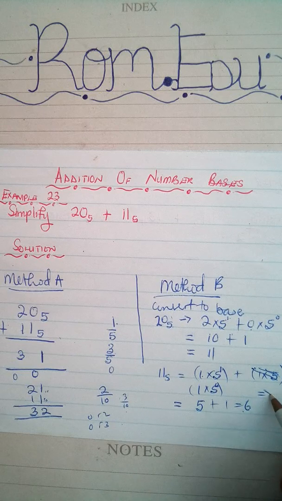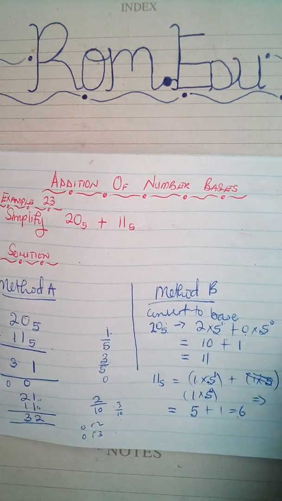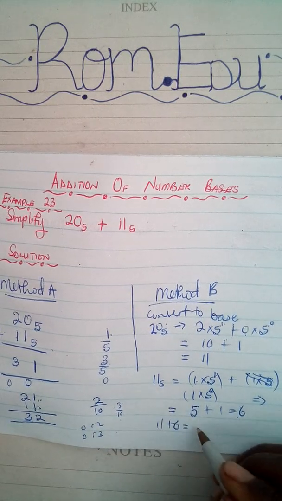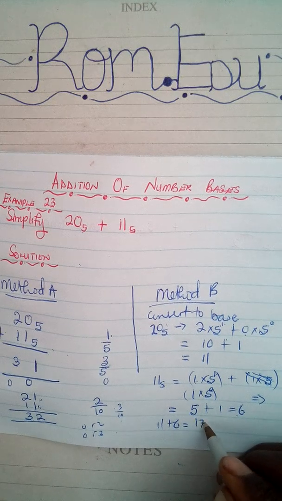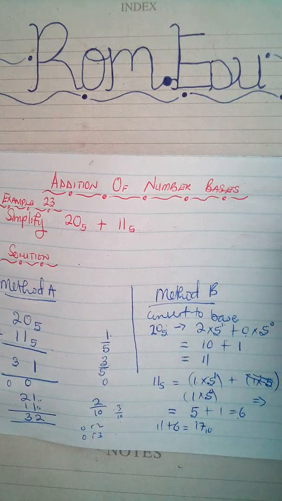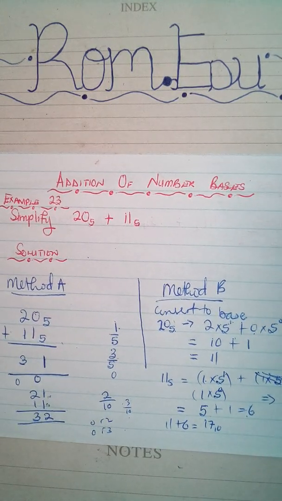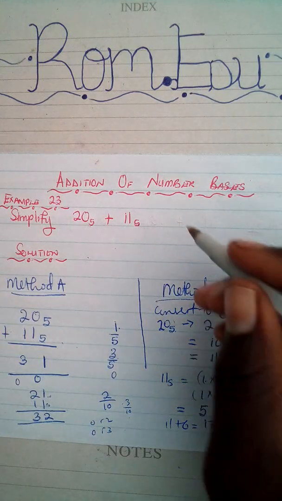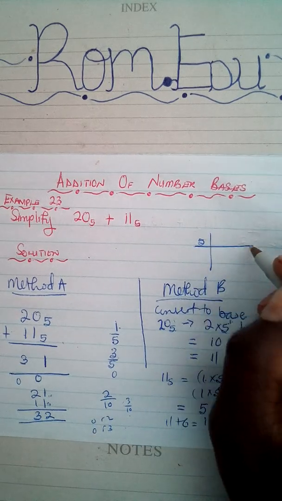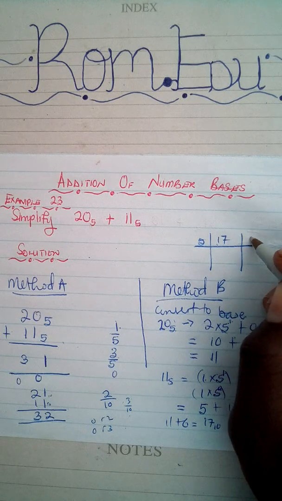So 10 plus 6 is 16 in base 10. Then I change it to base 5. Remember what we said when changing a number from base 10 to base 5. I'm going to change my number, 16, and record my remainders.